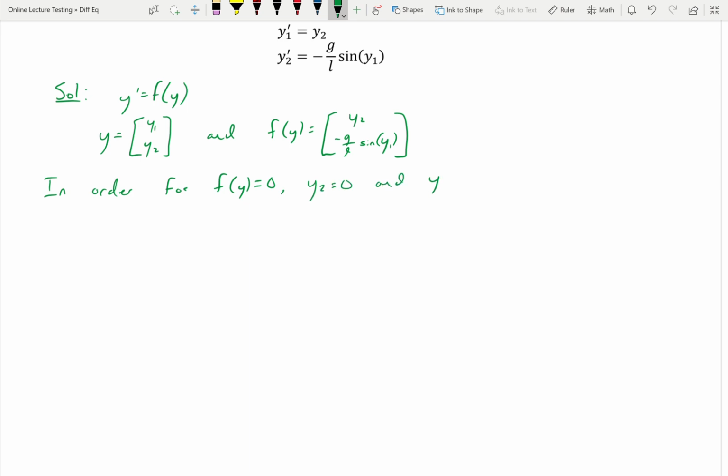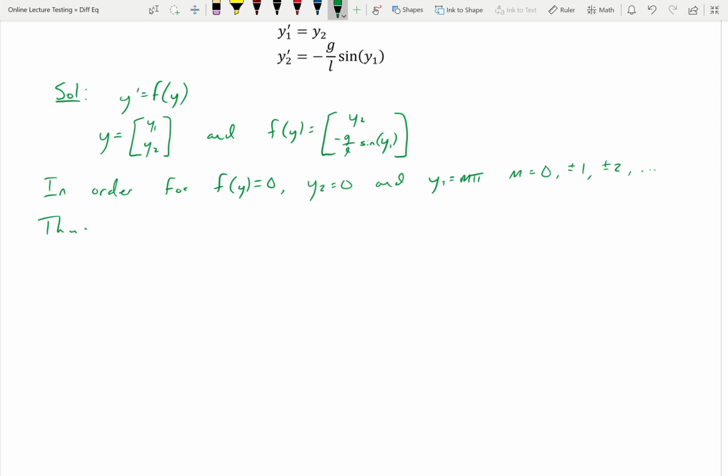And for y1, since it's built into sine, we want sine to go to 0, so y1 is going to be of the form m pi, where m is either equal to 0, plus or minus 1, plus or minus 2, and so forth. If we throw in some integer value, we are going to get 0 for sine, and this will zero out our f of y, which is what we want in order to find an equilibrium solution.